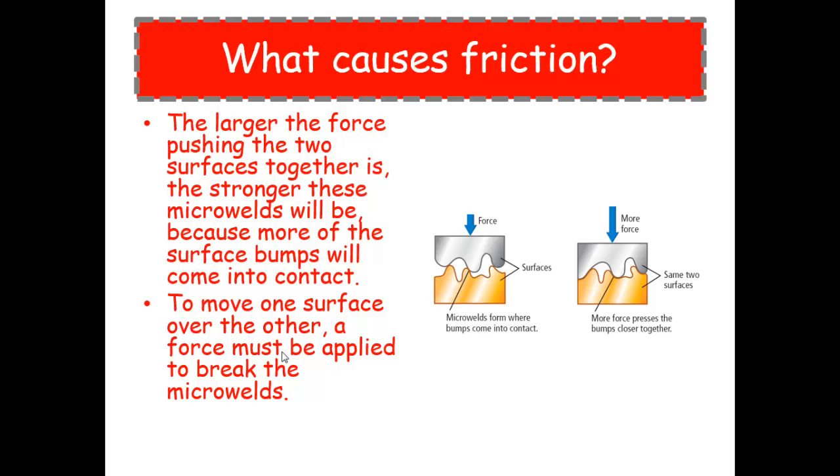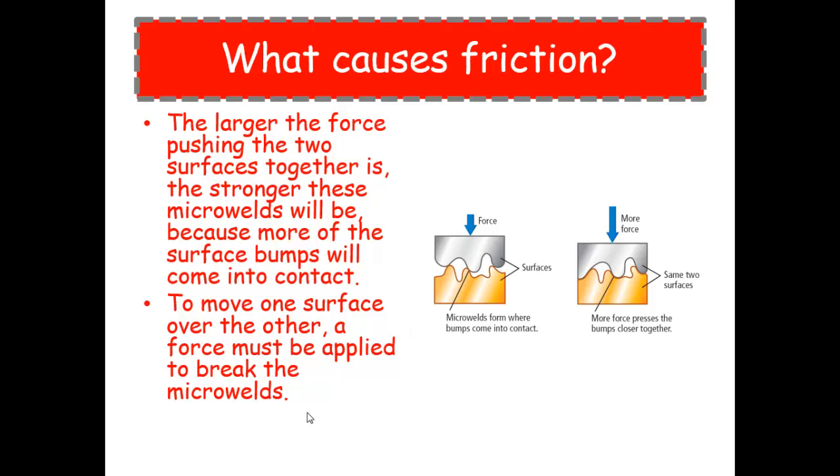So if you push these two surfaces together, you're going to cause more micro welds. It's going to make it so that there's more sticking, and it's even more bumpy. So that's why it's important to decrease the friction as much as you can in certain objects, to make it so that there are fewer micro welds. That's why you usually put some kind of oil in between surfaces that have a lot of contact.